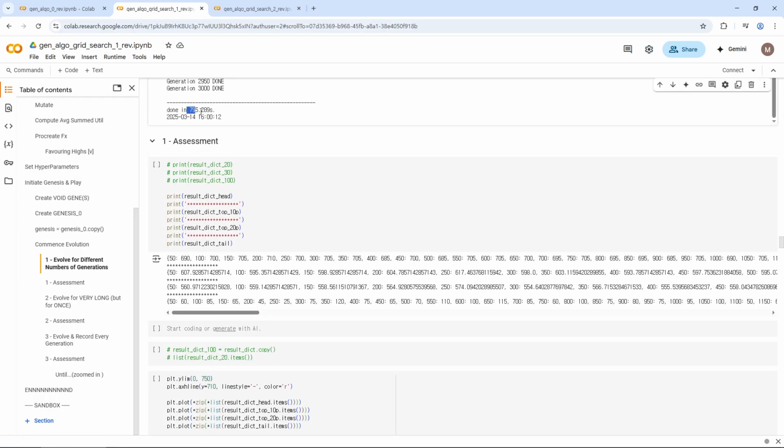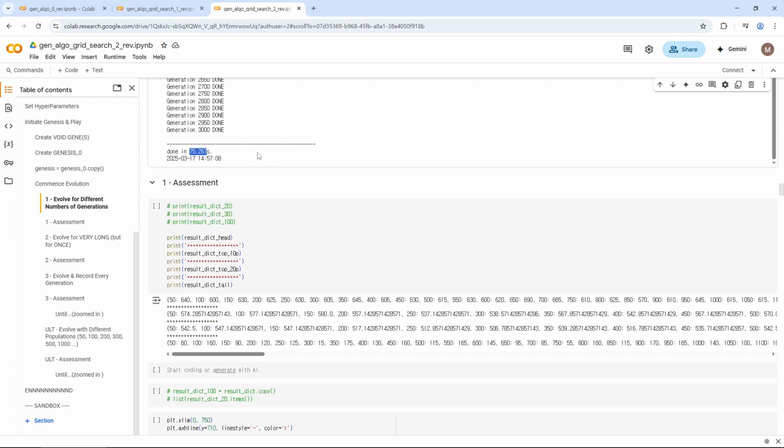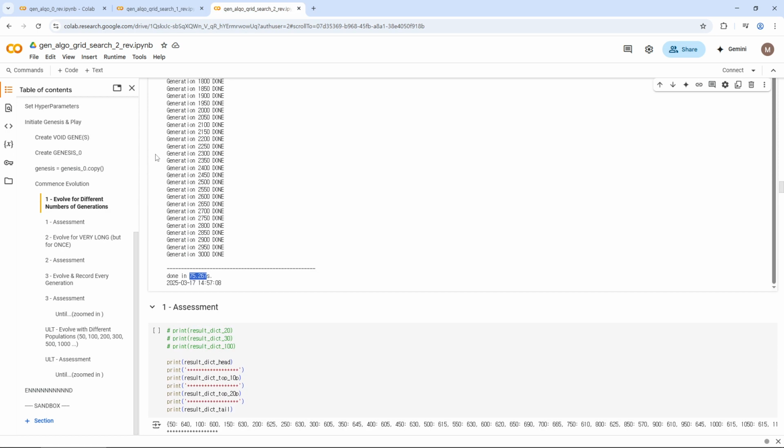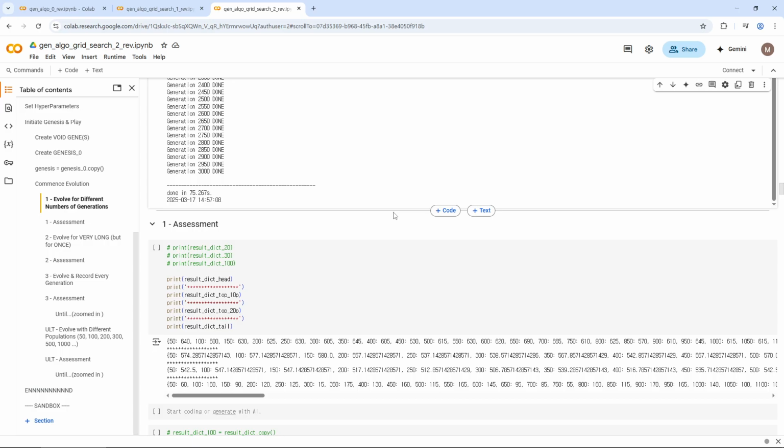For 500 entities in the population, it took 795 seconds. With 50 entities in the initial population, it took 75 seconds, with the final population being about 70, the initial population times 1.4, which I allowed it to expand a bit.